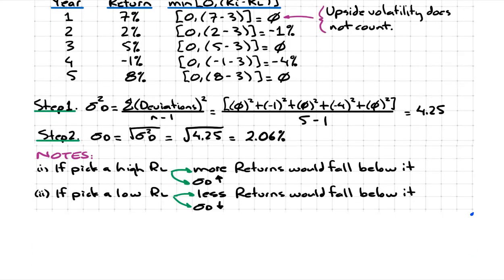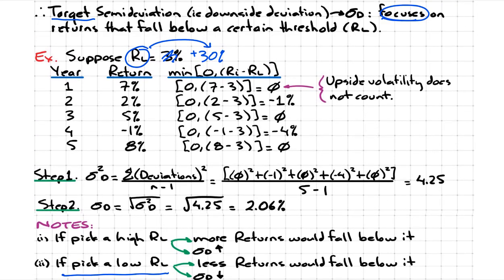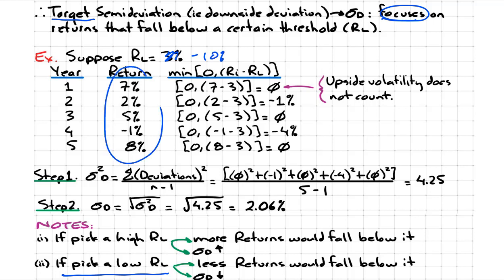On the other hand, if you pick a very low target return, so in our case, let's say we said the target was actually minus 10, well, you can see all these numbers are above minus 10, and therefore none of them would register. Because remember, with target semi-deviation, we're only interested in returns below the target.